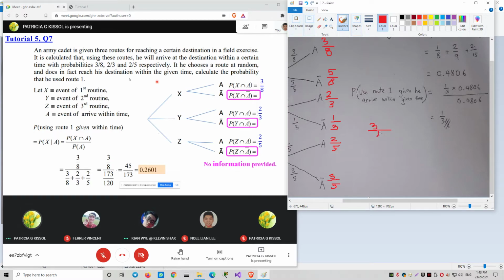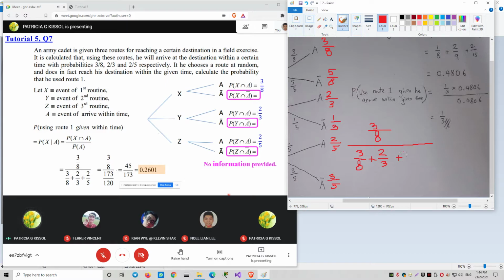Unless you see this one and you realize it is the probability of the first route and arrive on time, I mean arrive within the time. Same thing for the second one is for the second route, arrive on time, and the third route. If you didn't draw the probability tree, it's still okay, but by drawing it, you can visualize it much better.